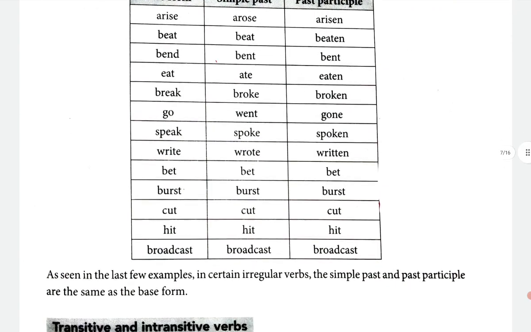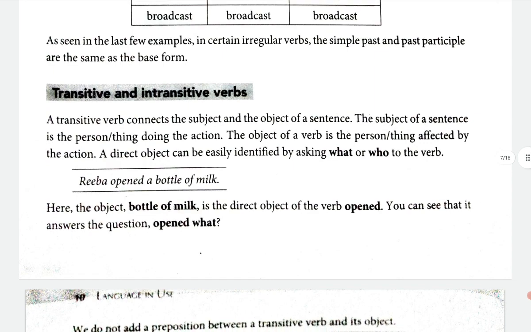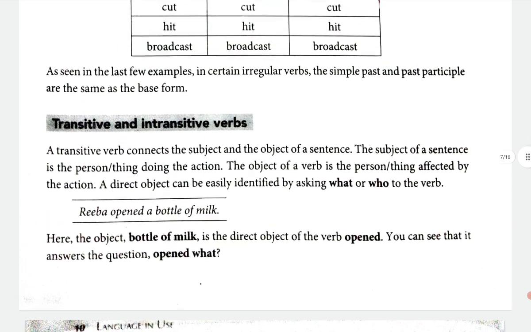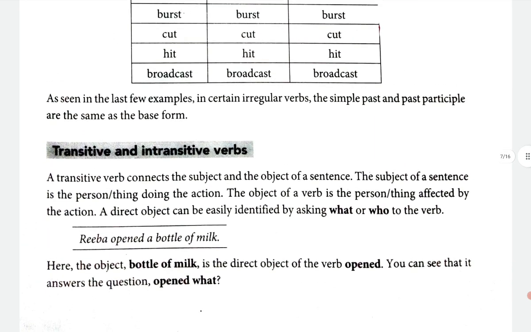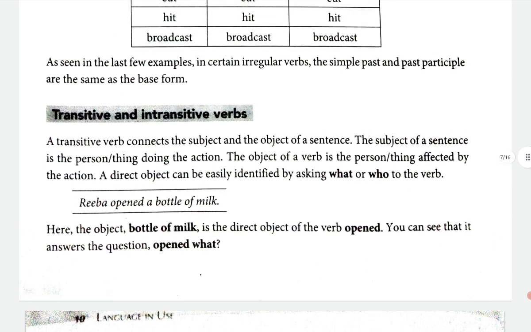Same forms. Few examples. You can find numberless examples in your grammar textbooks. As seen in the last few examples, in certain irregular verbs, the simple past and past participle are the same as the base form. Of course, you know that there are exceptions for all the grammatical categories that we look into.